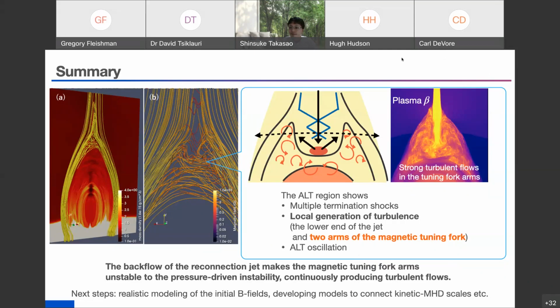Thank you, Takasawa-san. That was a very clear presentation and very interesting physics of the reconnection jet. But the question is about how intuitive you feel about the localization of the flare energy into this very narrow feature when the energy storage is presumably very diffuse originally in a large-scale volume of the corona.